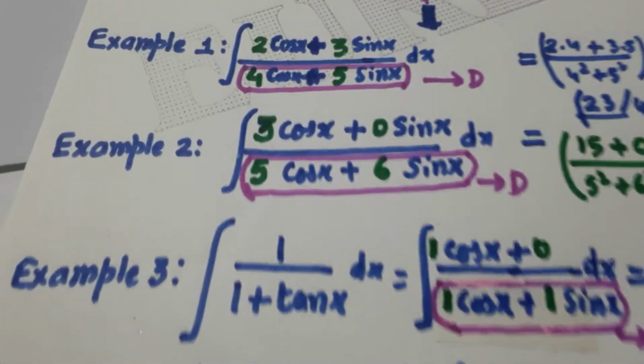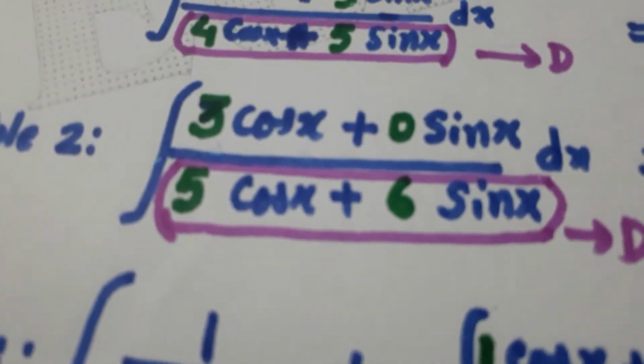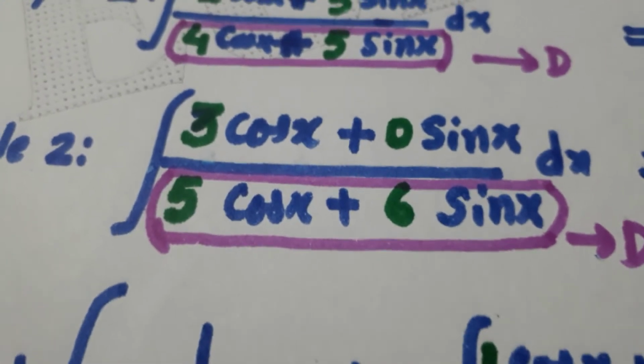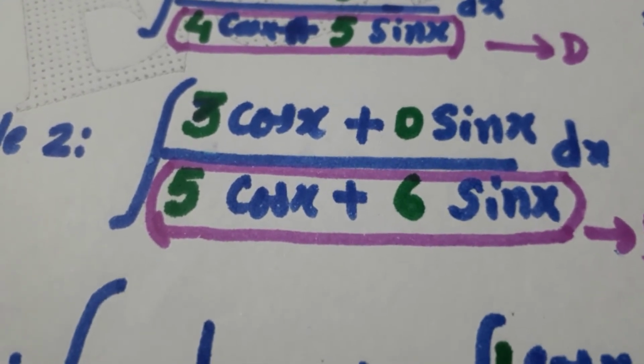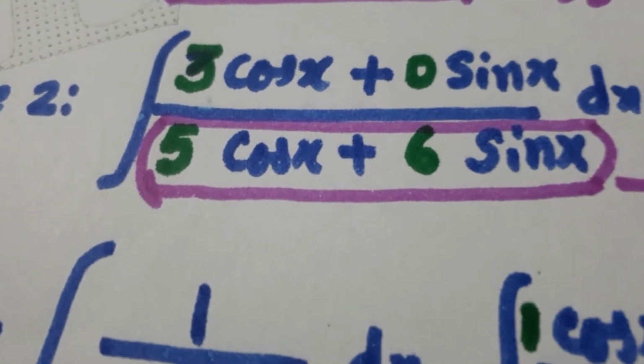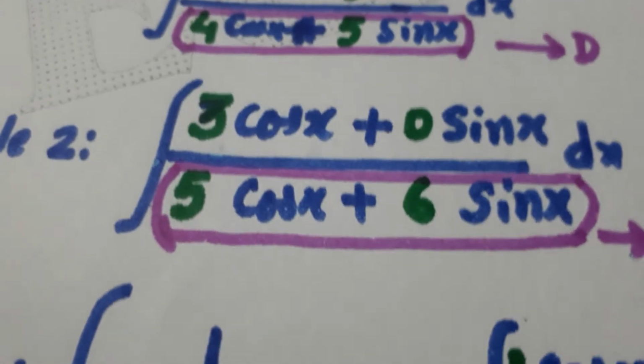Supposing there is no sin x in the numerator, only cos x is there. So we will write 0 sin x and go ahead as per this.